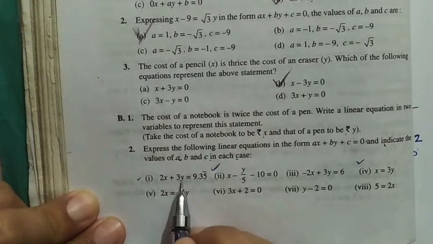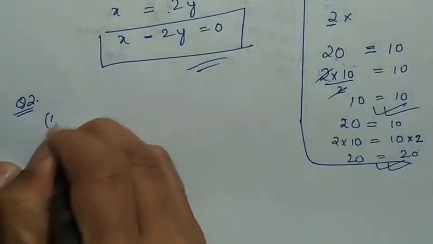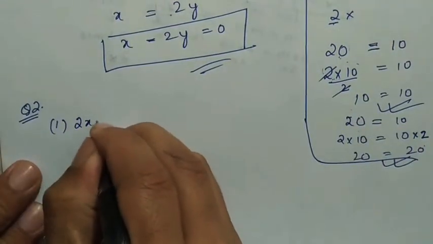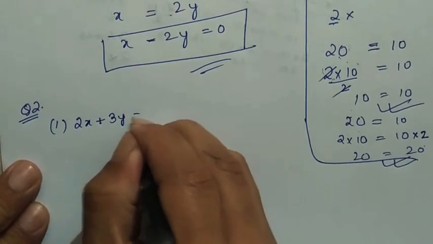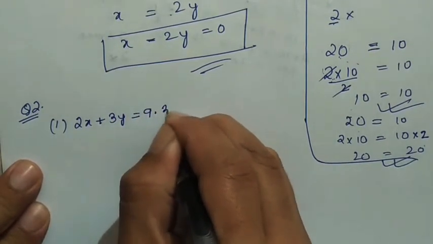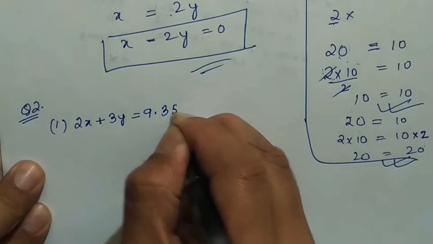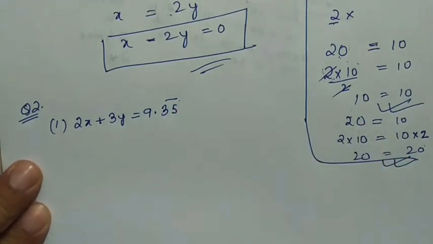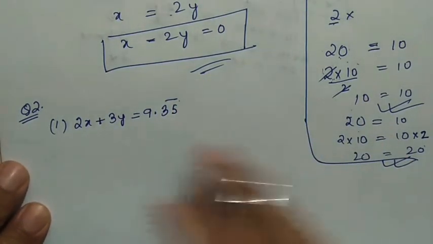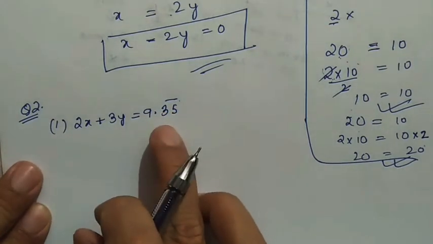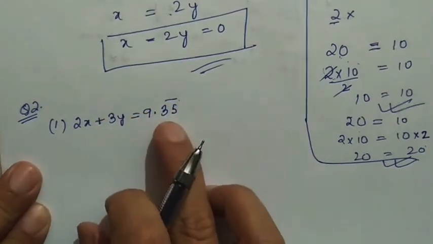Let's do this one: 2x plus 3y. Okay, so number 1: 2x plus 3y is equal to 9.35. According to the question, we move the value from the right side to the left side so the right hand side becomes 0.